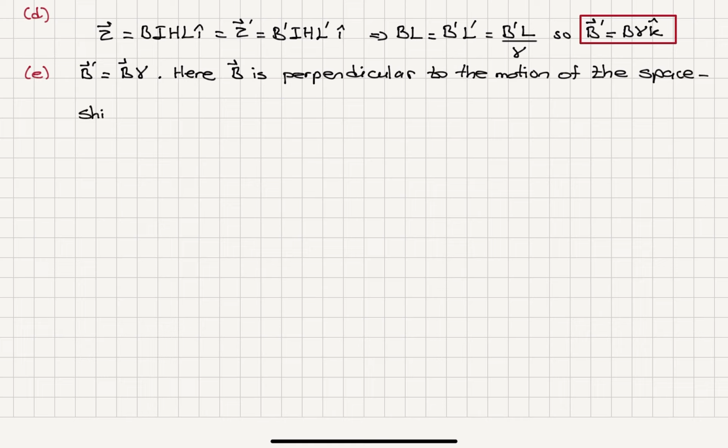All right. So we find that the magnetic field perpendicular to the motion of the spaceship is the perpendicular magnetic field in the proper reference frame multiplied by gamma. This is our result in general.